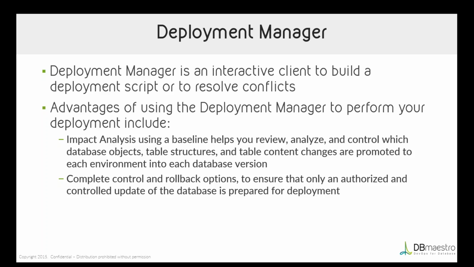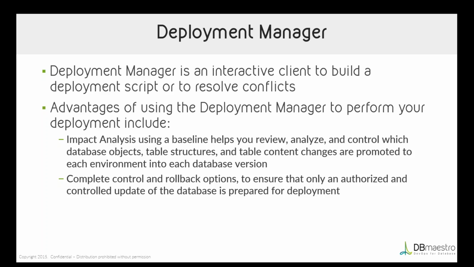So using the deployment manager is helpful if you want to see how the impact analysis works. You choose the source and the target. You can choose to do without a baseline just to see what the differences are, or you can try different baselines to see what kind of results you get. You can also pick individual objects.